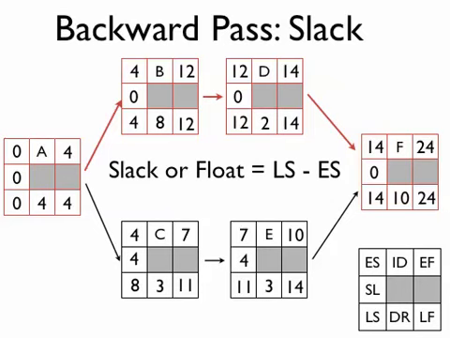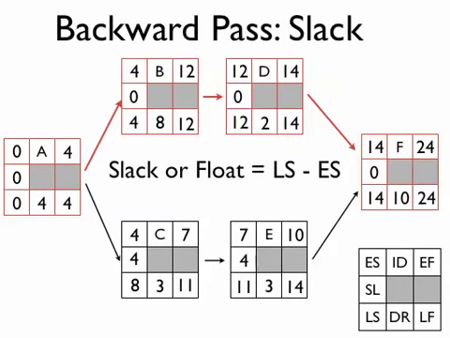So in this case, C could be delayed by 4 days without impacting the rest of the project. Or E could be delayed by 4 days without impacting the rest of the project. However, we cannot delay the C by 4 days and E by 4 days together, because that would be a total of 8 days and then would in fact impact the project.